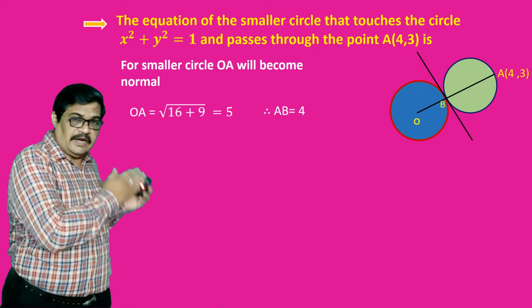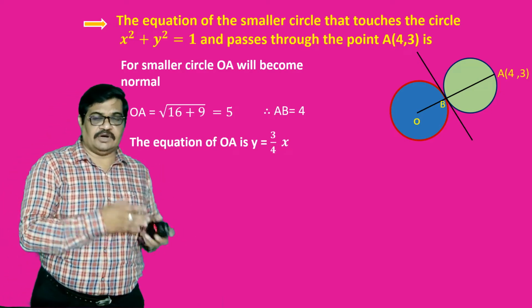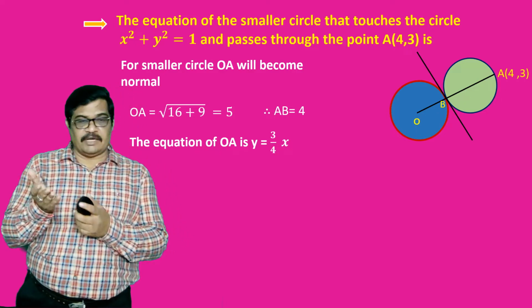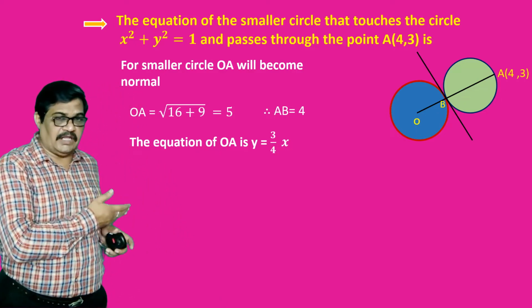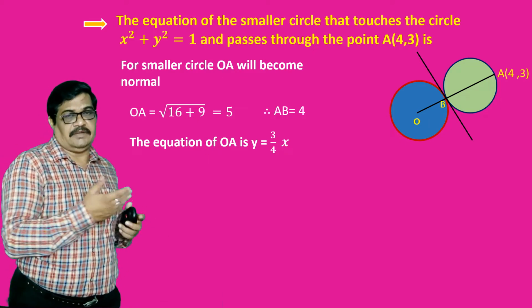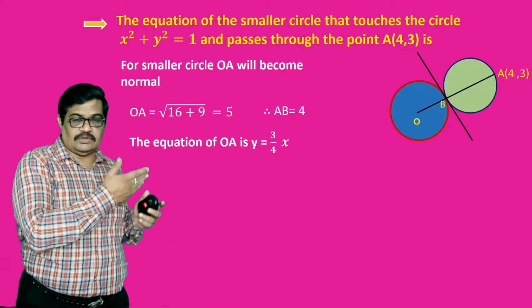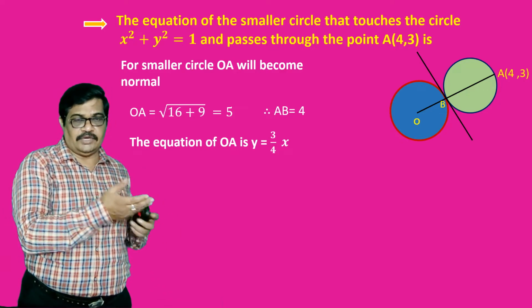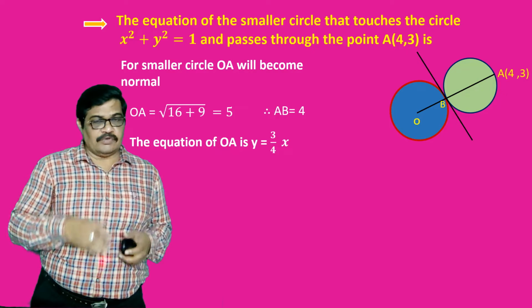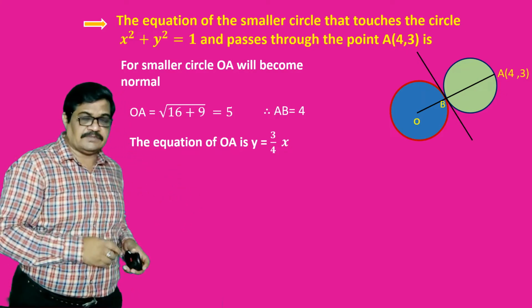Now we write the equation of OA. O is (0, 0) and A is (4, 3). What is the line equation? Since it passes through the origin, y = mx, so OA has slope 3/4, and the OA equation is y = (3/4)x.